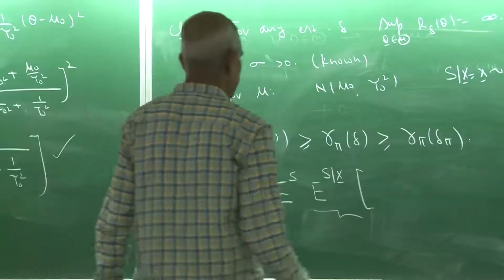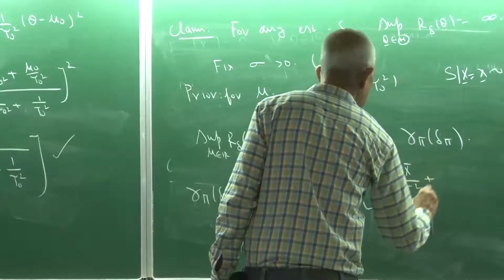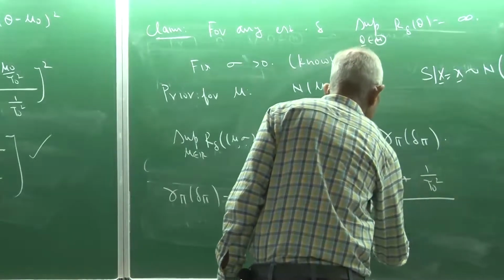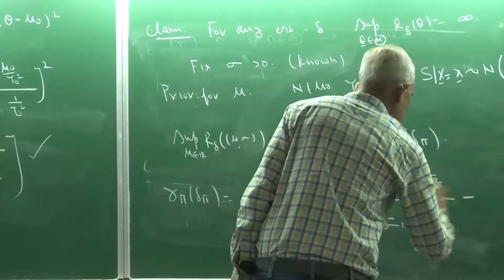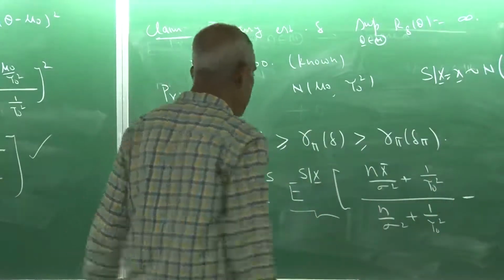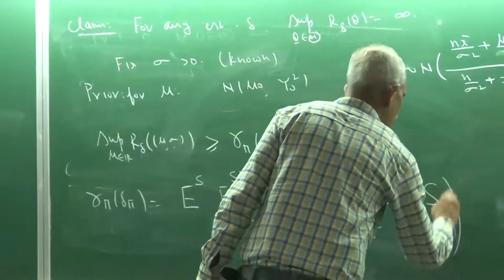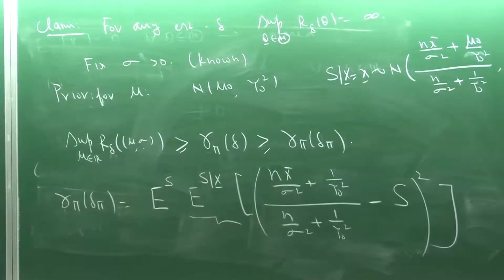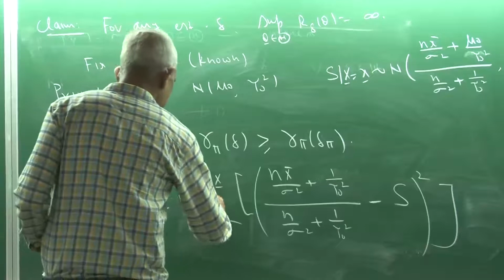And then the estimator is nothing but n x bar by sigma square plus 1 by tau naught square divided by n by sigma square plus 1 by tau naught square, minus theta. Theta has been replaced by a random variable S, whole square. All right?